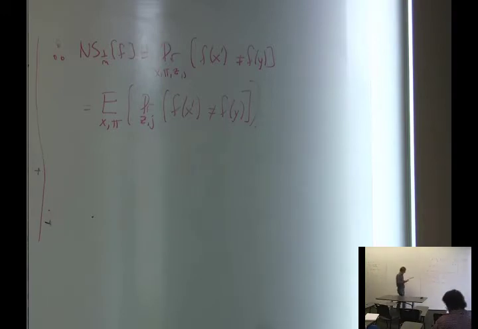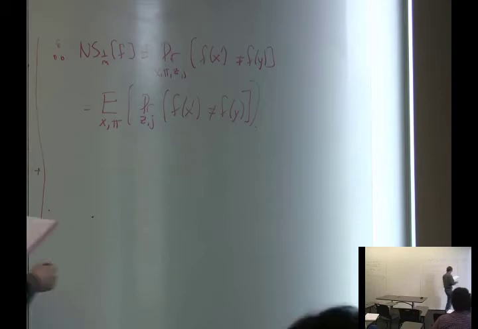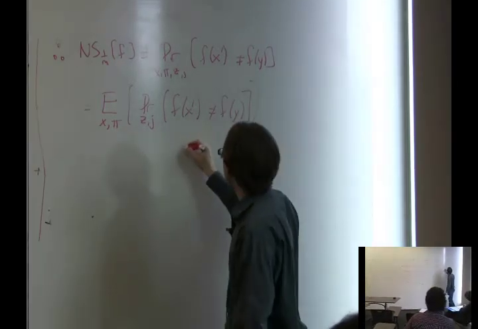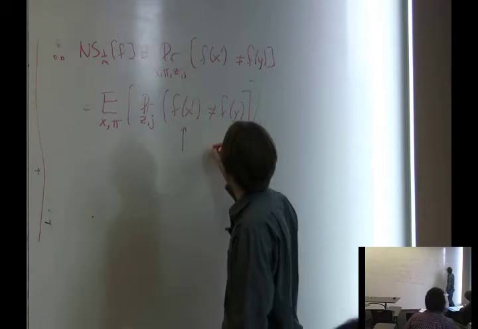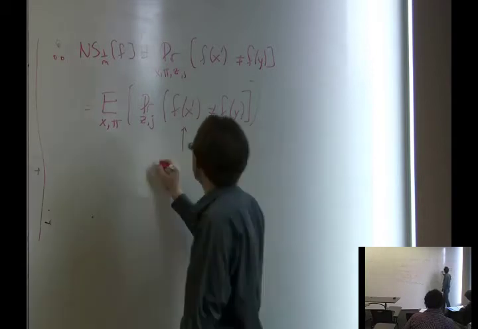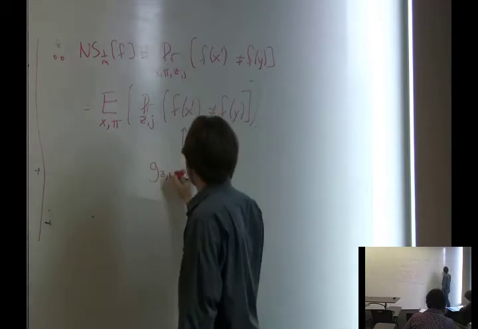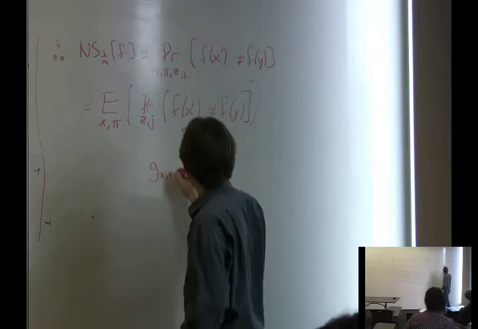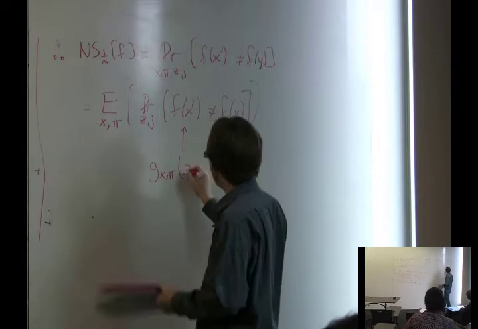So what I claim is, and this is where you need to put your thinking cap on, this is g sub x pi of z.